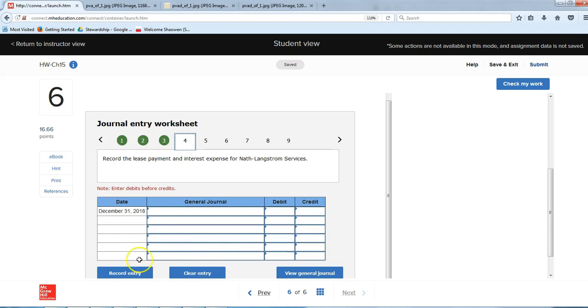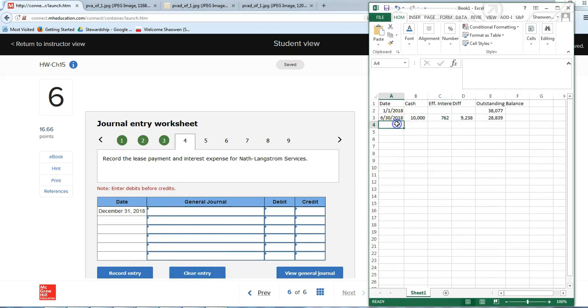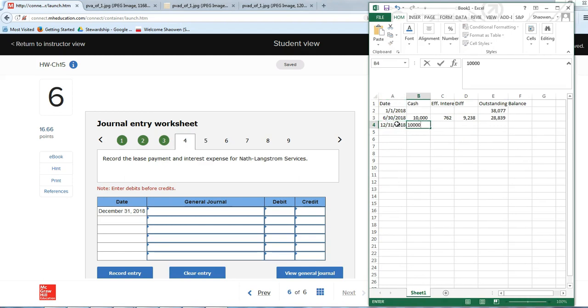And then on December 31st, 2018, interest payment and lease payment. So let's do 6 months again. So another $10,000 of payment, previous balance multiplied by 2% of semi-annual rate. The difference between cash and interest is the amount we will reduce outstanding balance, which is lease payable.